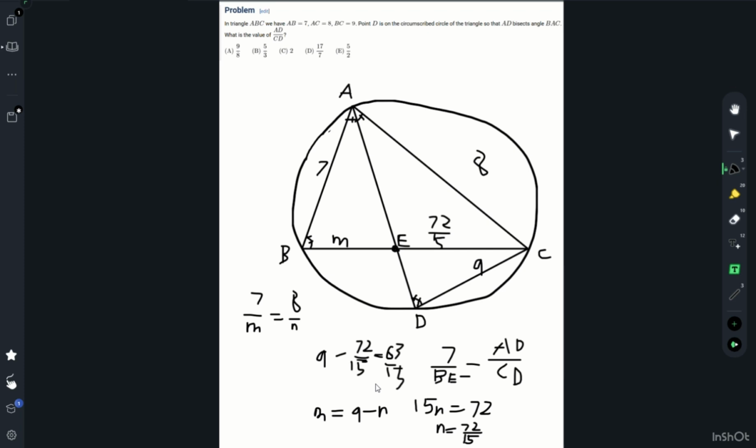So now we know what M is. We can replace BE with 63 over 15, which would be 7 times 15 over 63.